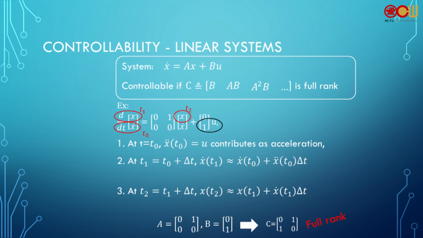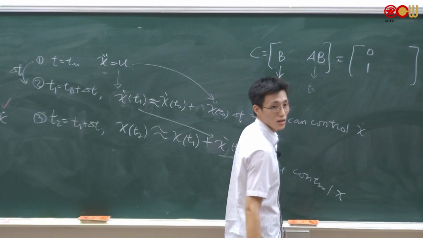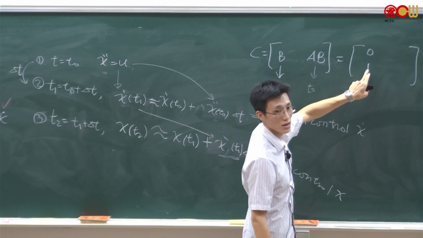So that means the control comes into the system to affect the second element, which is x double dot, right? But as time goes, x double dot will be integrated to affect x. So you can affect the second state. So it's 0, 1. Okay? You can change the second state.